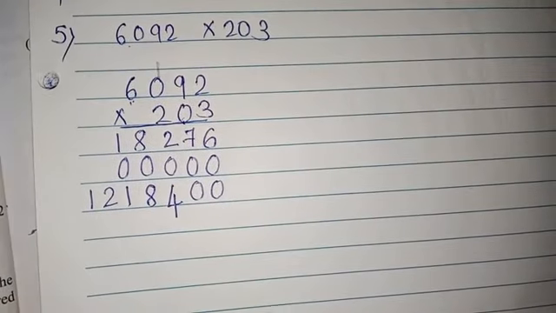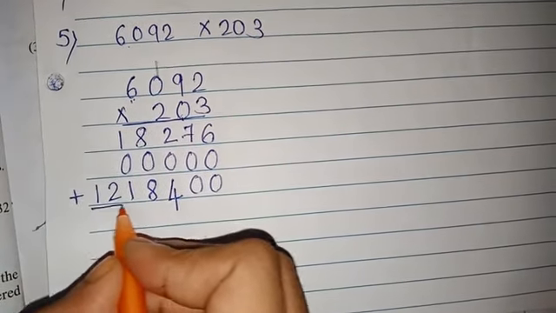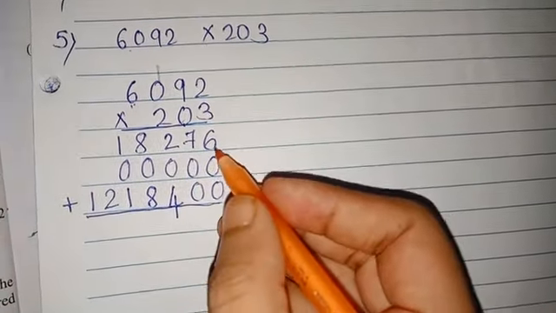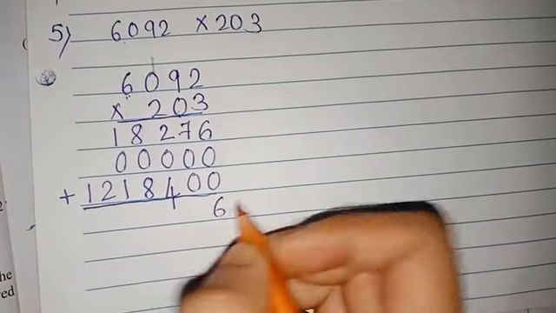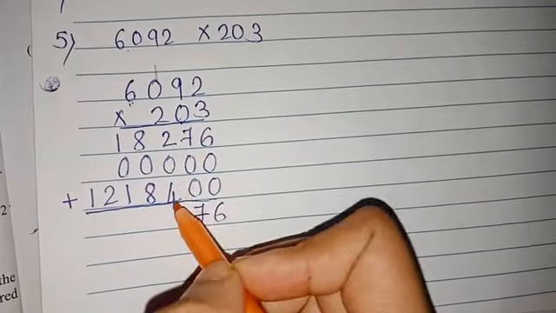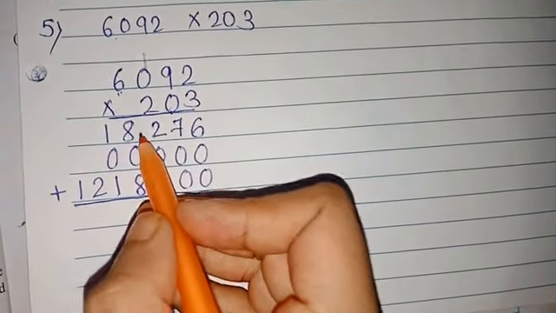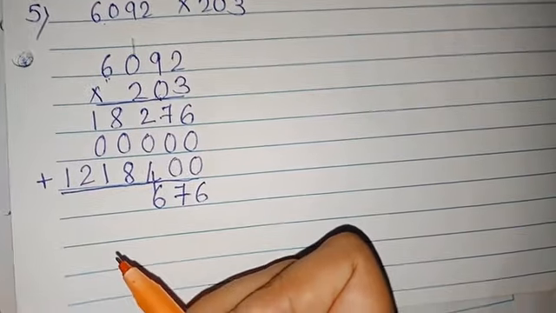Done. Now we will add them, right? So 6 will come as it is, 6, 7 also 7. Now 2 plus 4 is 6, right? 8 plus 8 is 16.